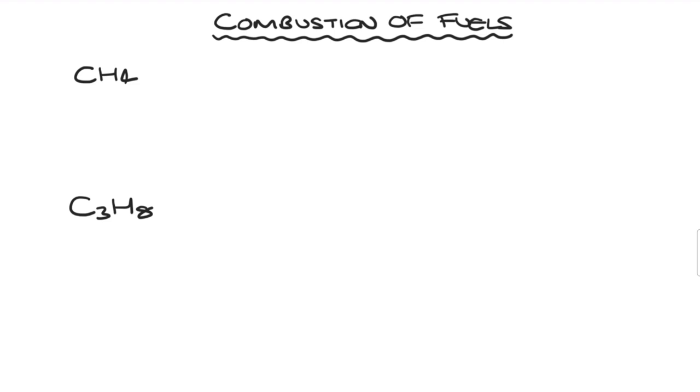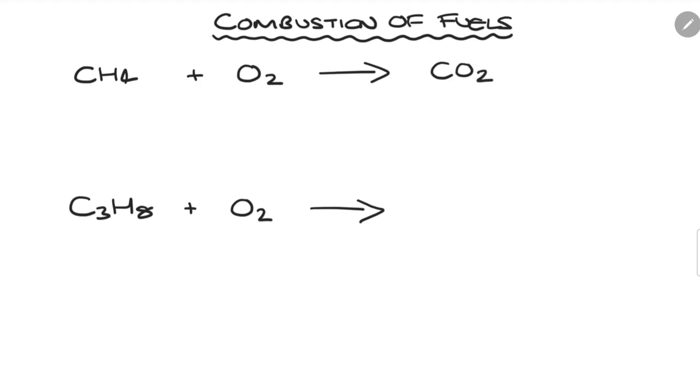But primarily, most of the uses of these fractions are as fuel. So we have to burn them, and so we have to combust them. In our combustion equations, we're going to react each of these fuels, methane and propane, with oxygen. By definition, the products of combustion will be carbon dioxide and also water.